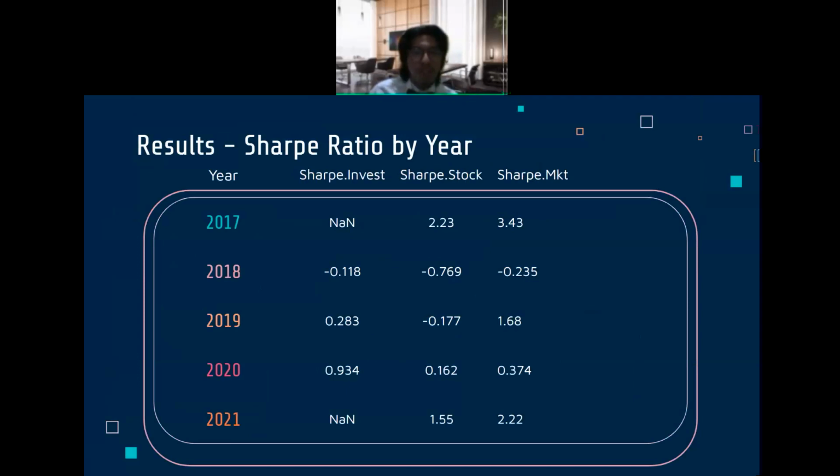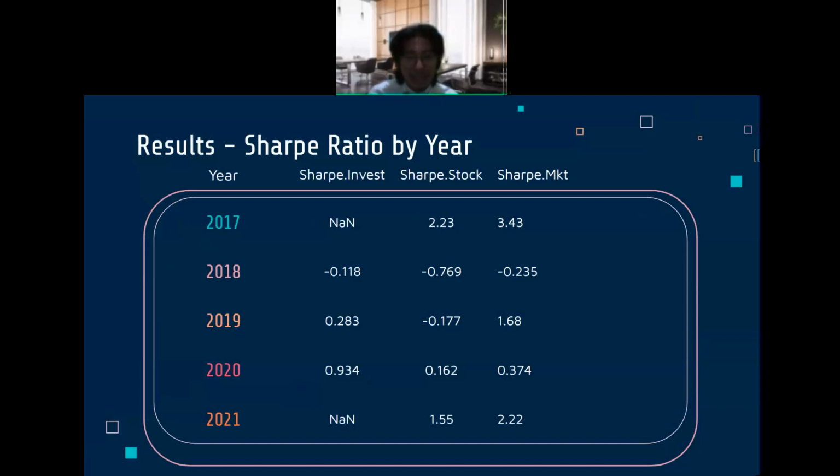So this table is a Sharpe ratio year by year. In 2017, the first column is blank because we're using not 2017 but the following year. As you can see, in 2021, it is also blank because it is still a little too soon to see if our trading strategy will work.